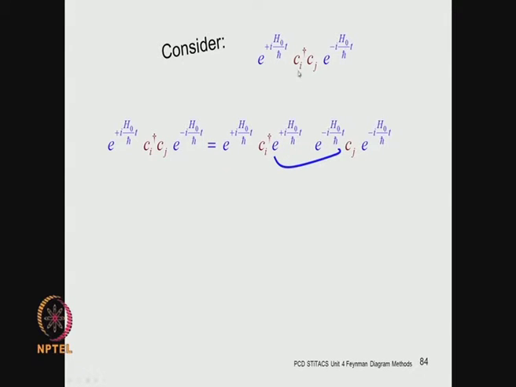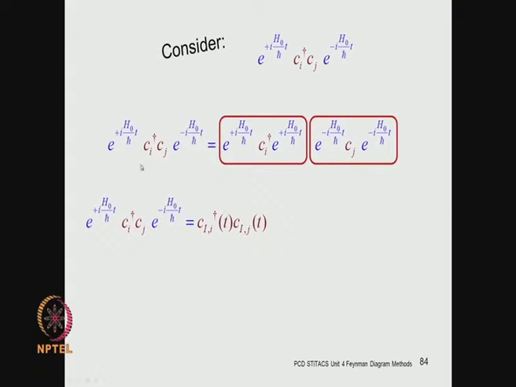In between these two operators, creation and destruction operators, you can always plug in a unit operator. So, this is the unit operator which has been plugged in, and now using the associative law you find that these three operators give you the transformation of Ci dagger to the interaction picture, and these three operators give you the transformation of Cj to the interaction picture. So, what do we get?